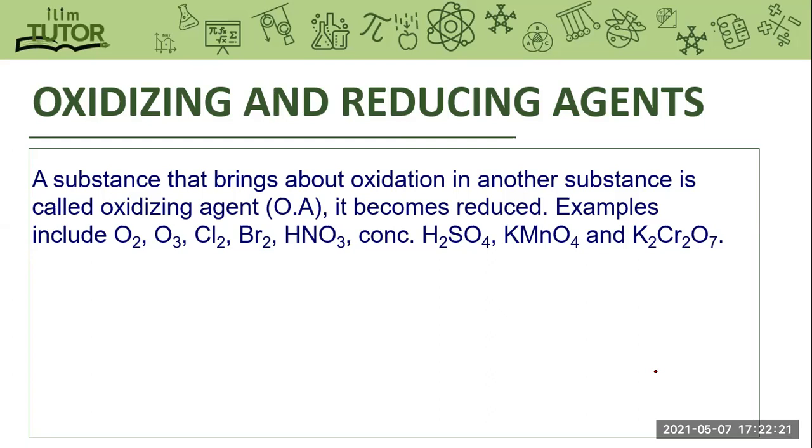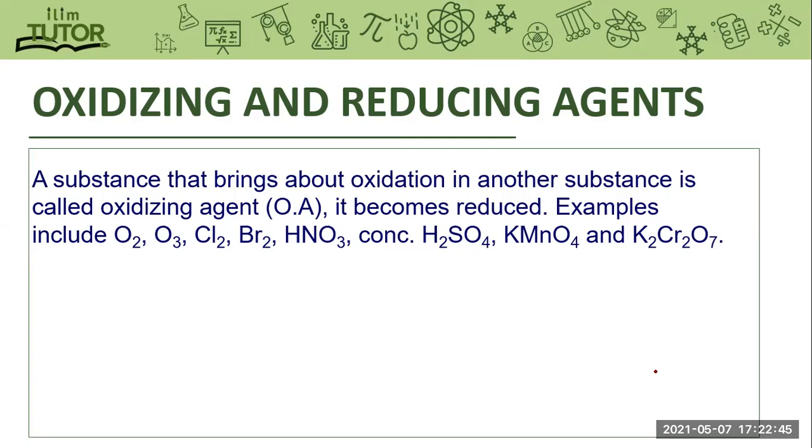We have examples: oxygen, ozone, chlorine, bromine, nitric acid, conc H2SO4, and others. So these are examples of oxidizing agent. In a reaction, this oxidizing agent will cause other substances to undergo oxidation, but they themselves will become reduced.